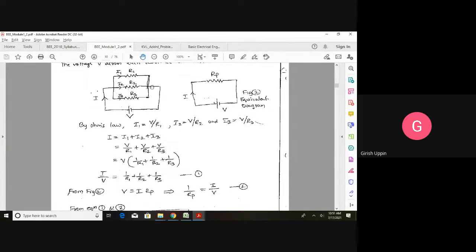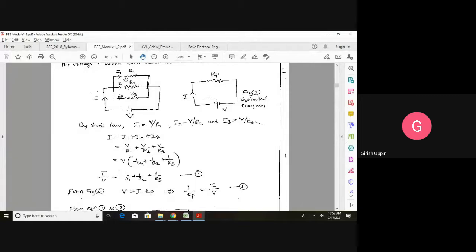And one more important thing to note here: the voltage source is connected between this point and this point. That means the voltage across R1, R2, and R3 is exactly the same, that is V. You have to remember, in series, the current flowing through all the resistors is the same. In a parallel circuit, the voltage applied across each resistor is the same.